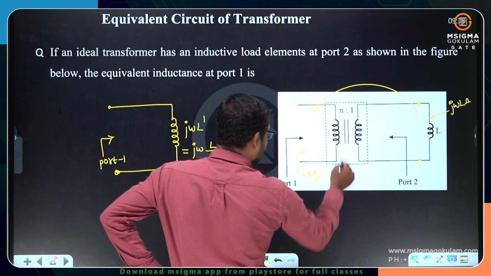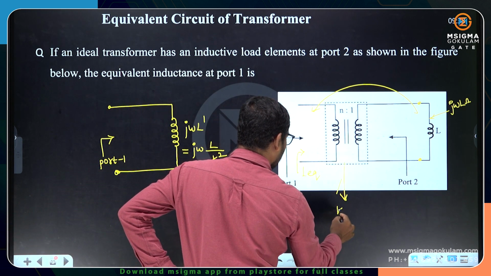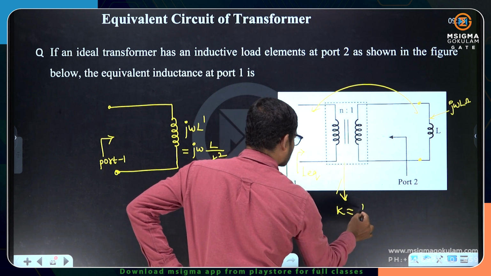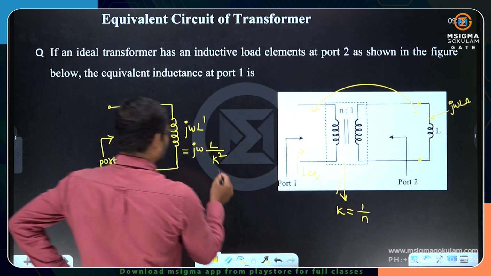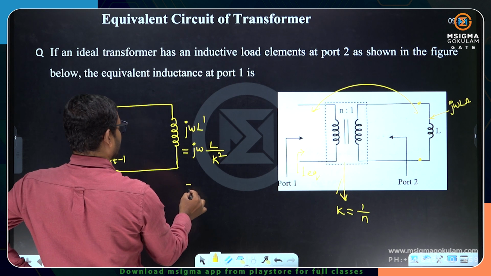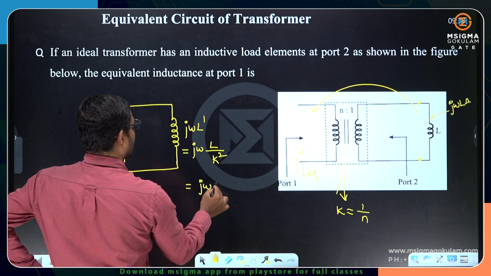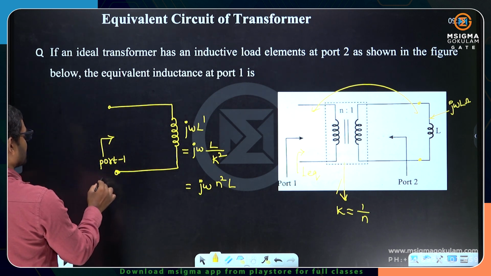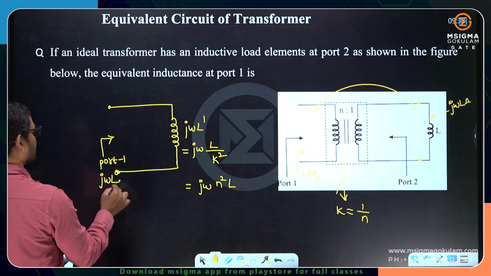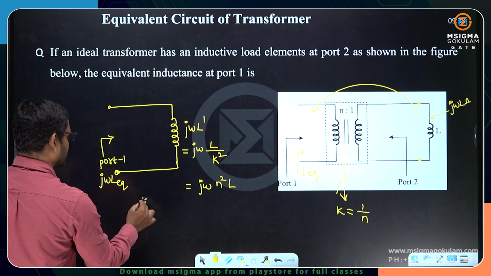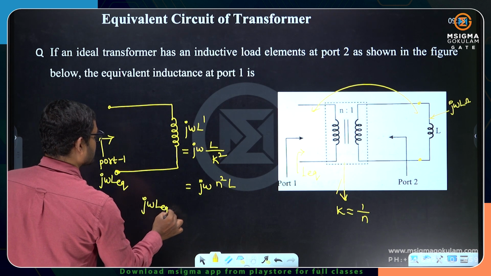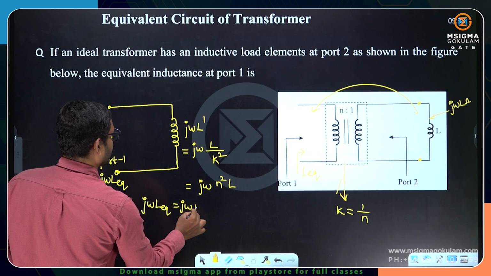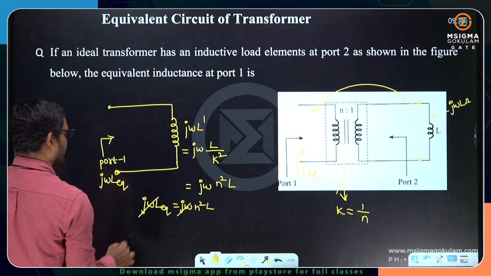What is K here? Transformation ratio. K is N2 by N1, that is 1 by N. So 1 by N whole square. So you will be getting it as j omega N square L. The port 1 equivalent is j omega L equivalent. So j omega L equivalent is equal to j omega N square L. J omega can be cancelled.